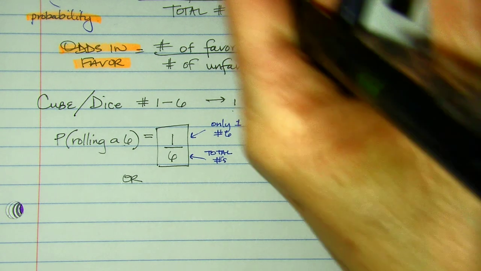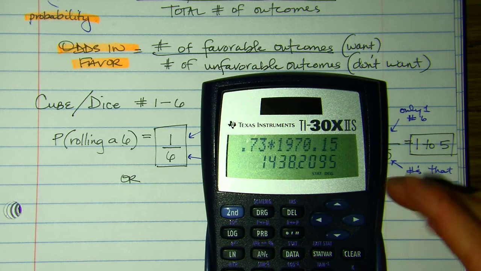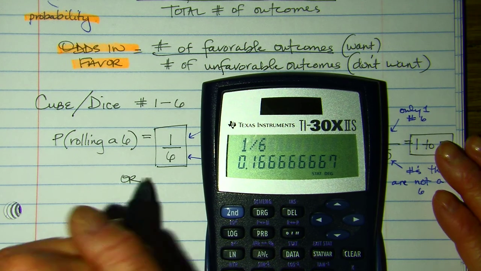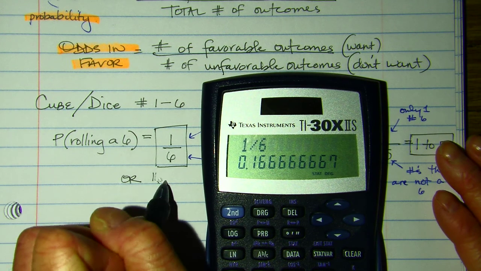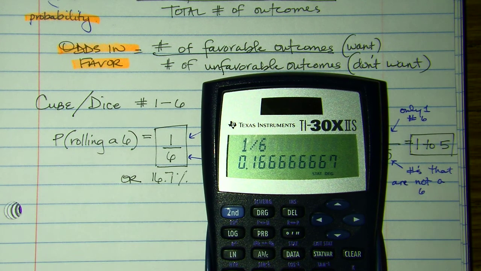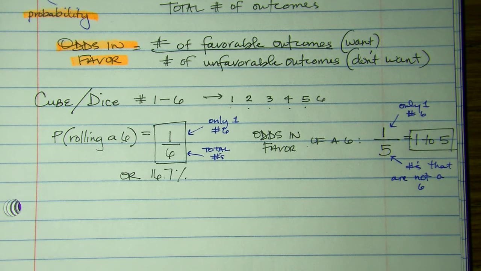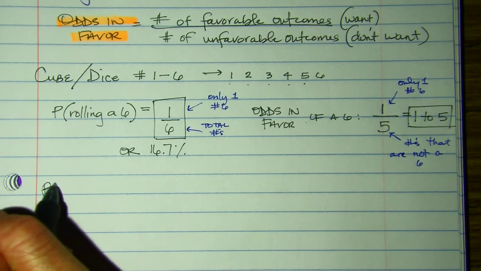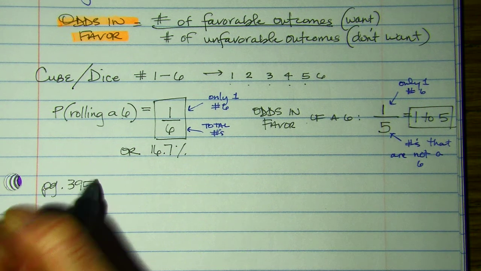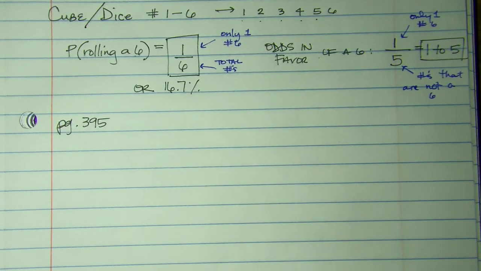So 1 divided by 6, I have about a 16.7% chance of getting a 6 when I roll a die. Okay, so we're going to jump into our lesson practice, which is page 395, and practice some probability and odds in favor.